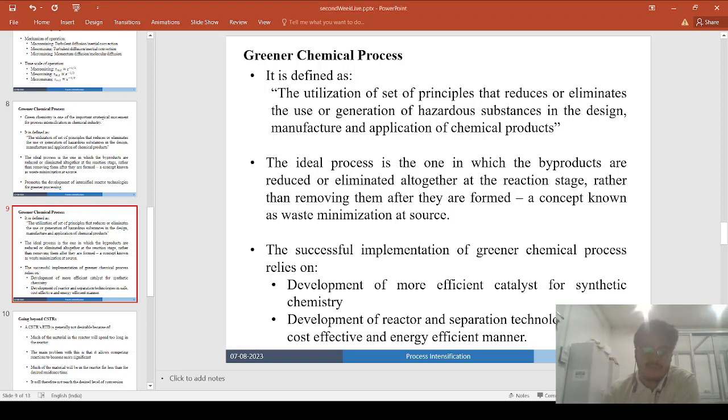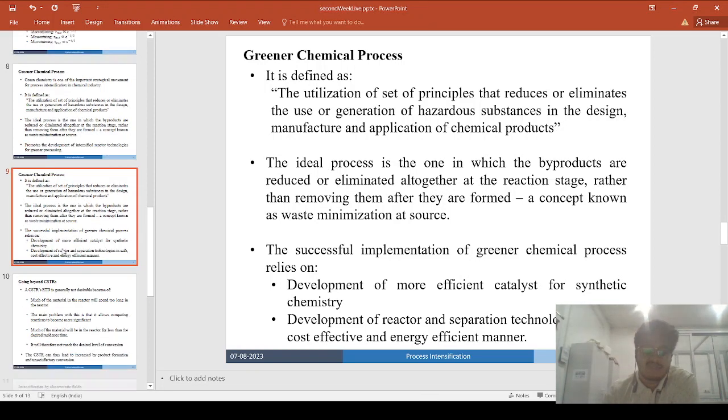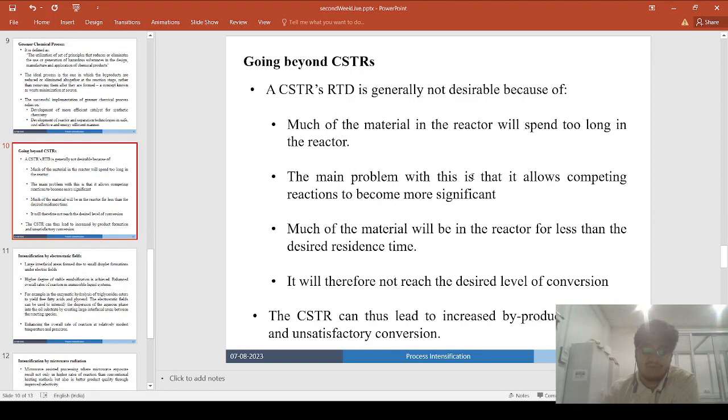Now that was just a brief about the greener chemical processes. Now let us discuss the CSTR. Again, the concept of mixing time will come. But yeah, let us now discuss in terms of the CSTR's residence time distribution.